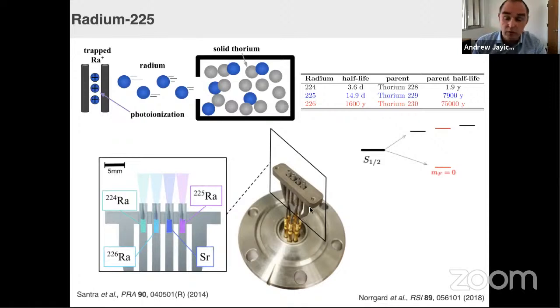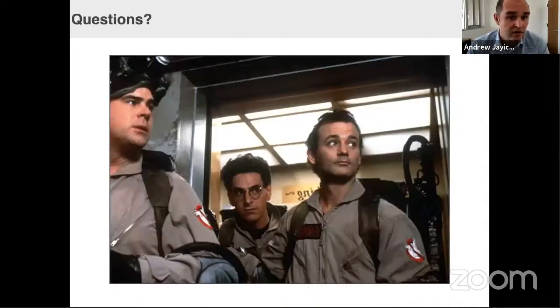So we have 2 of these at Oak Ridge right now, and they're going to load it up with 3 different thorium isotopes, which will give us access to 3 different radium isotopes, and then we'll put some strontium in it as well. Our lab uses strontium as a gentle precursor to all our radioactive work. Okay, so that should be fun.